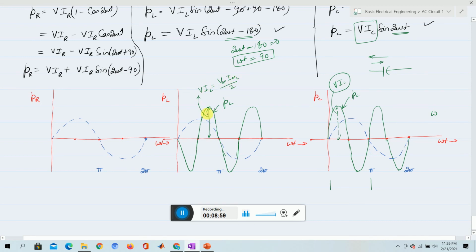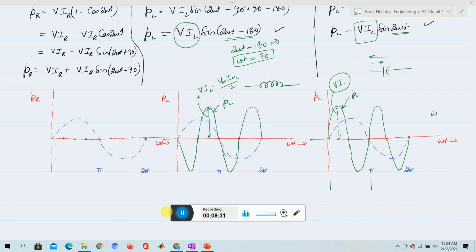This is the same thing, so not to be confused; whatever the magnitude over here, it has to be the peak value. In an inductive load, power is given back first, so first the negative power is there, then you have a positive power, so power is absorbed after that.